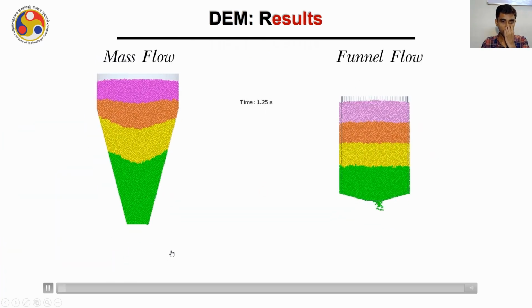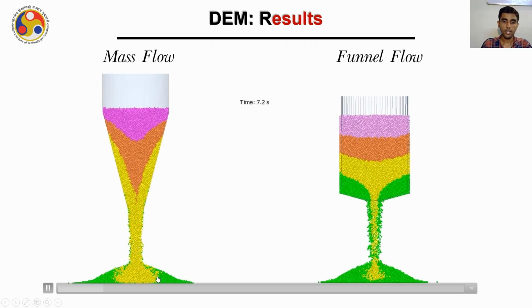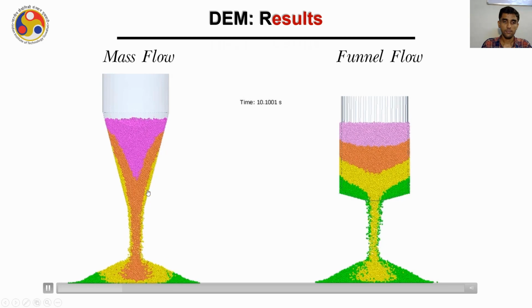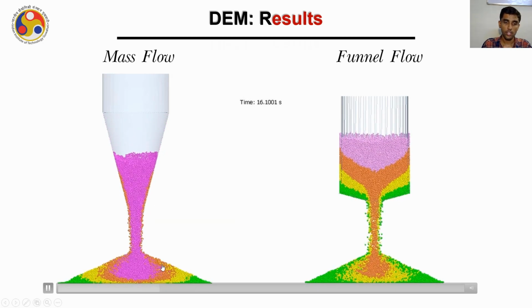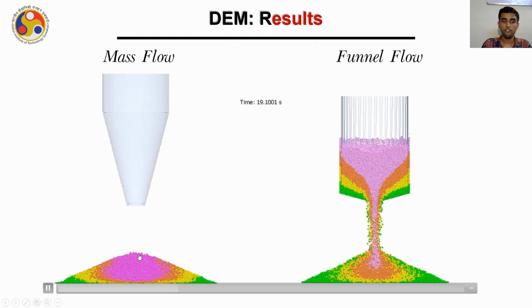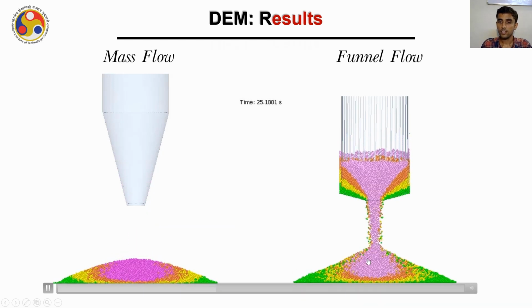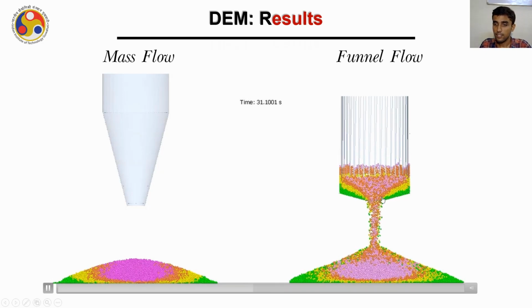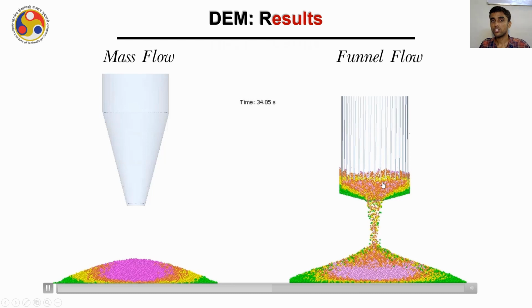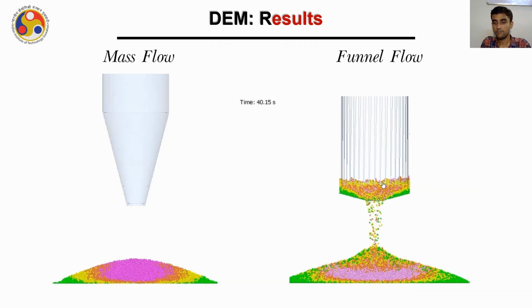This is the animation showing the mass flow and the funnel flow. You can see that the green particles have discharged first, followed by the yellow particles in the case of mass flow, then the orange particles, and finally the pink particles. Whereas in this case, you can notice that the green particles initially discharged first, but then it's the pink particles which discharged, followed by the rest of the colors.